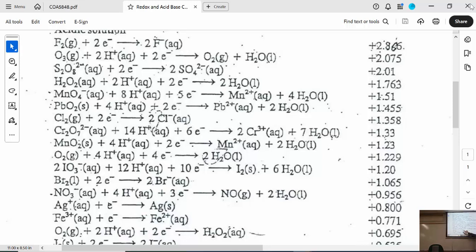So we start off with 3 oxygens, we end up with 1 oxygen. Where did the other 2 oxygens go? Rebecca? Yeah, they paired up with hydrogen to make water. And in fact, we're losing the oxides. We lost 2 oxides, so we need 4 H pluses, and then we'll make 2 waters.